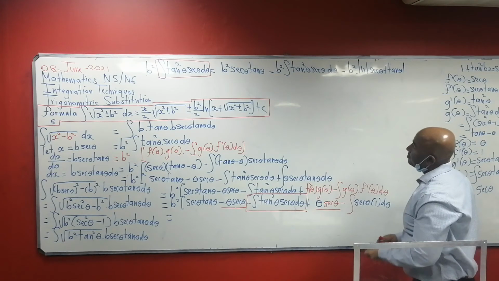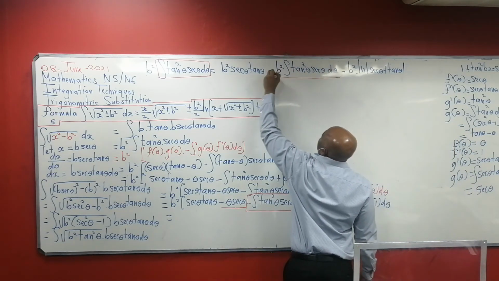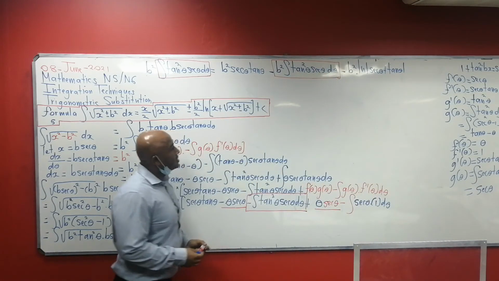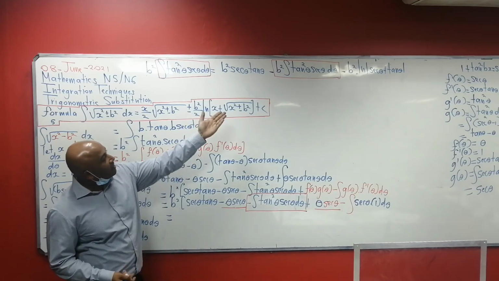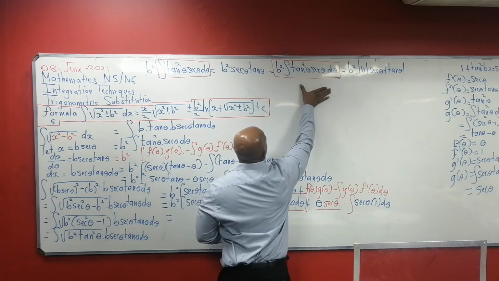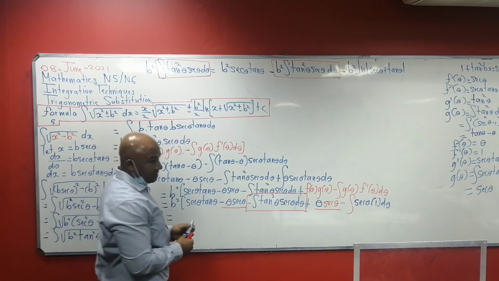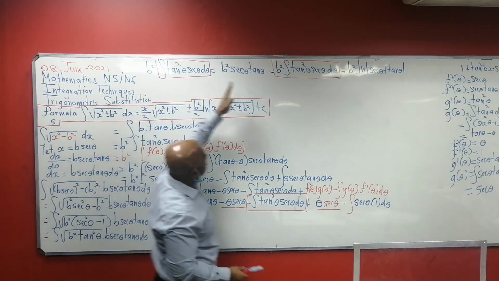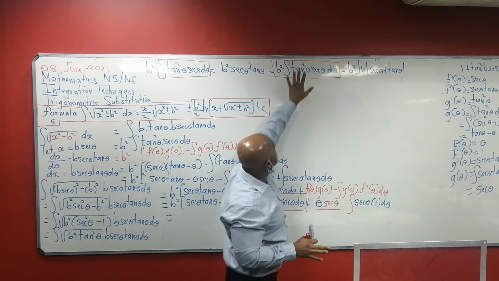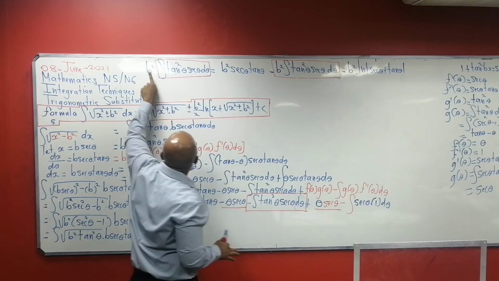Alright, now you're almost done over here. So what do we notice? We used the formula twice, and then we ended up back here. So what I can do now is I can take this to the other side. What will happen if I take it to the other side? I'm going to have b squared plus b squared of the same thing. Alright, so if this was k, let's just say this was k. So I've got minus b squared k plus b squared k.